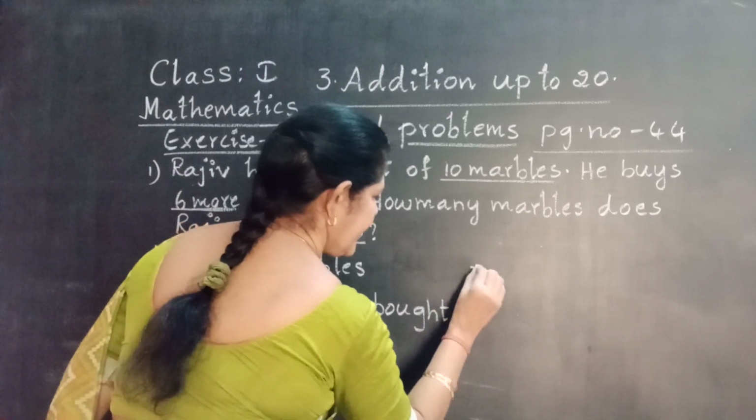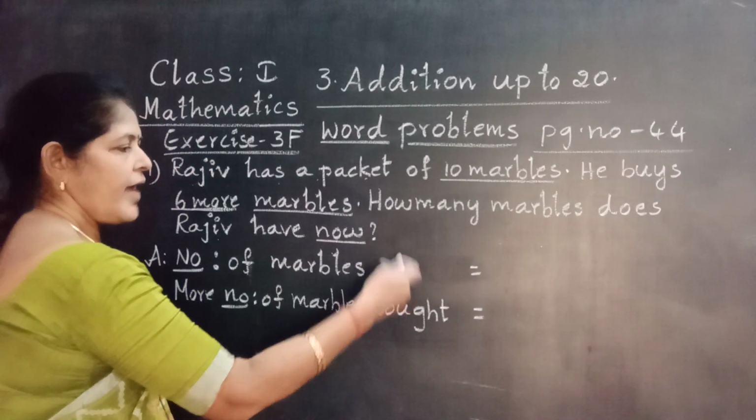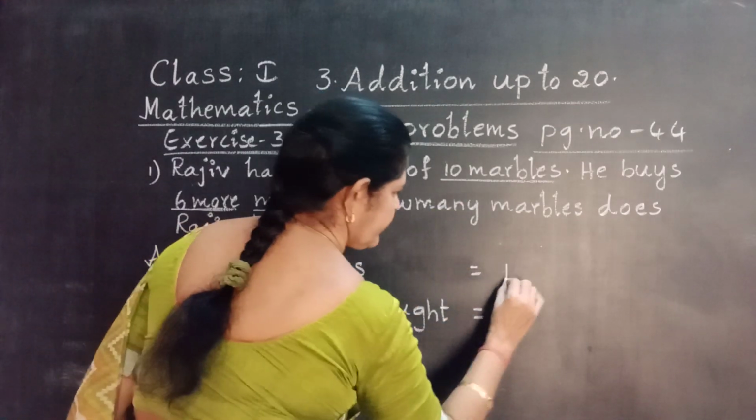See, put equals one below the other. This is going to be long, no? That's why I rub and write 10.